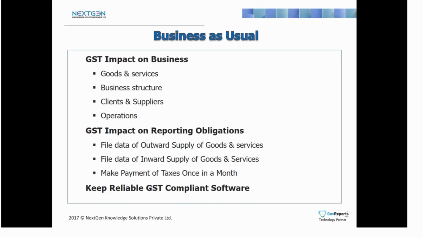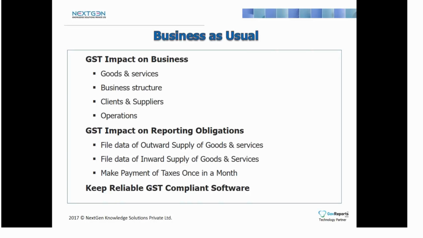And for GST returns, as you are aware, first of all, the data for outward supply of goods and services will be filed, in the form of GSTR 1. Then the data of inward supply of goods and services will be downloaded from the GST portal, and after reconciliation it will be uploaded again at the GST portal, in the form of GSTR 2.